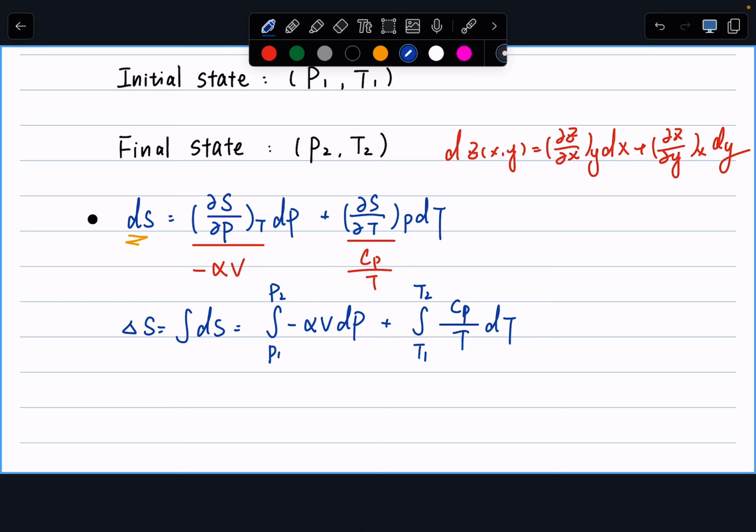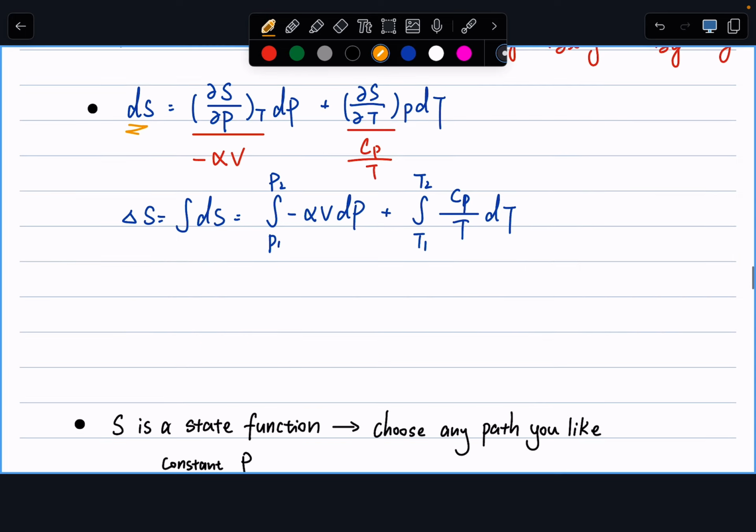So for example, in this case, we can easily link this question to something we already did before. Let's assume we have an ideal gas with constant Cp. Then we can further simplify this equation. For ideal gases, what do we know?